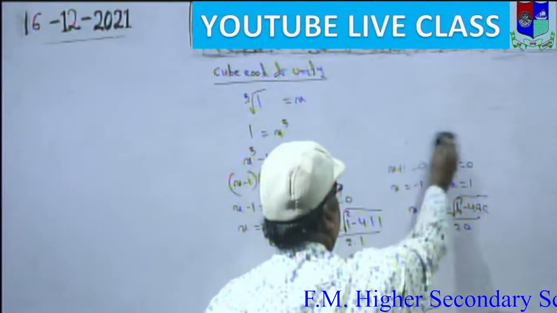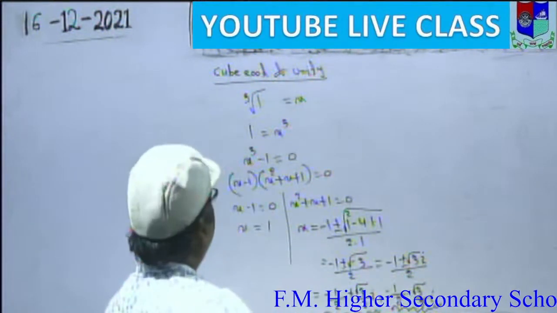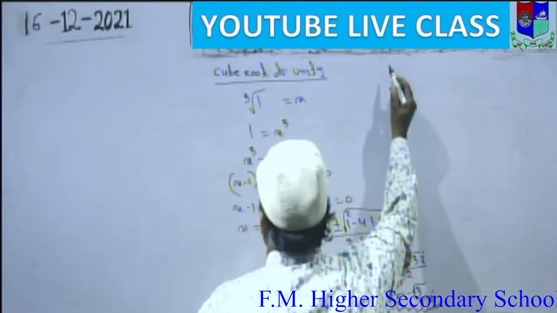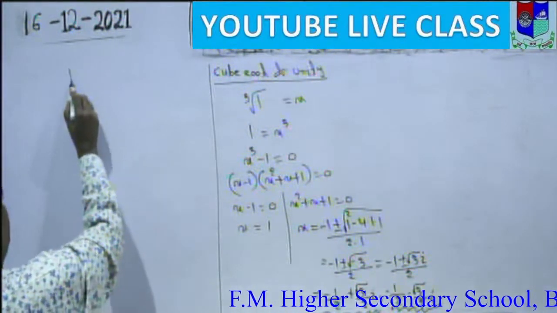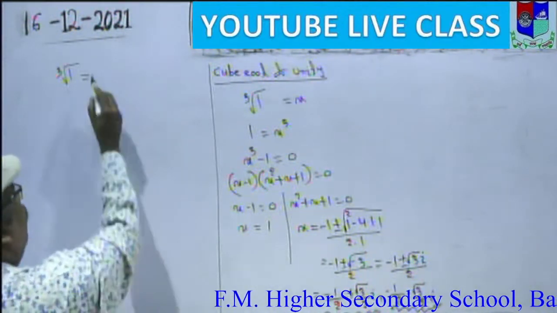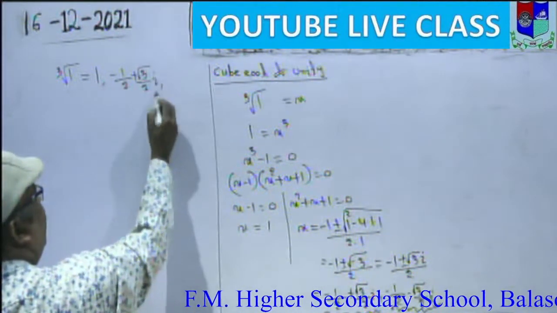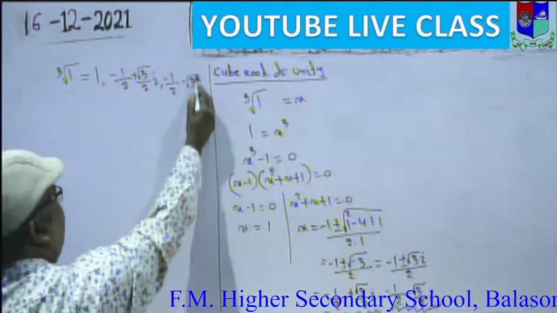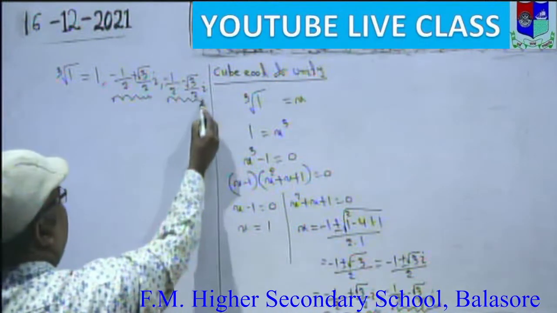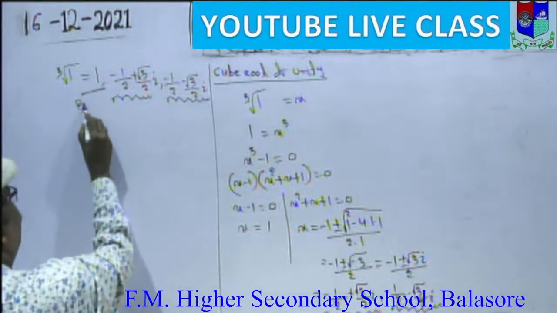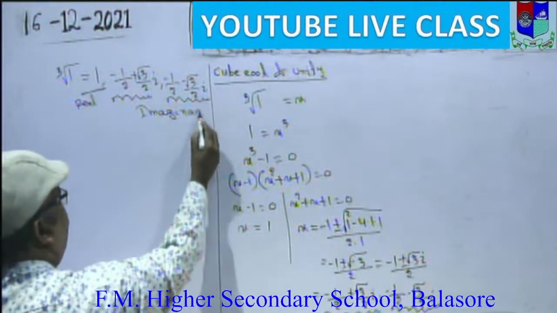So we find cube roots of 1: one is 1, another is minus 1 by 2 plus root 3 by 2 i, and the other is minus 1 by 2 minus root 3 by 2 i. One is a real root, and these two are imaginary roots.